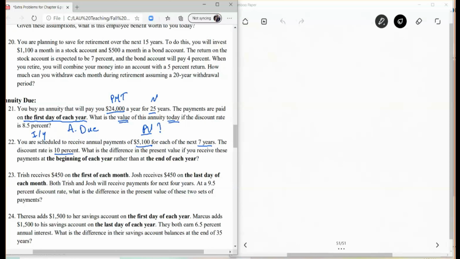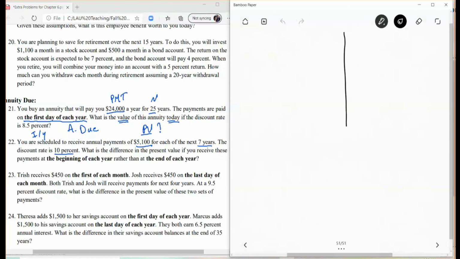So in this case, I need to solve once in the begin mode and the other time in the end mode. And mainly I will have exactly the same entries.